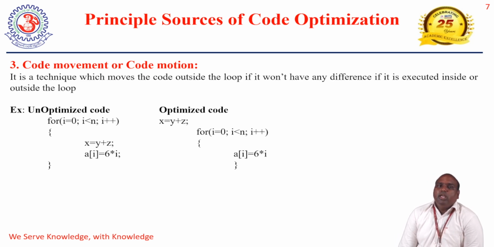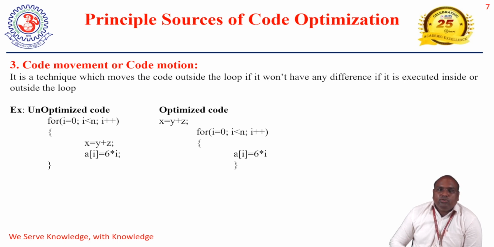If it were related to the loop variable, the value of that expression would change. Instead of keeping that expression inside the loop, I am moving it outside the loop to reduce the compile time. Here I mentioned this example without optimizing the code. After optimizing the code, x equal to y plus z is nowhere related to the loop variable, yet I am keeping it inside the loop.